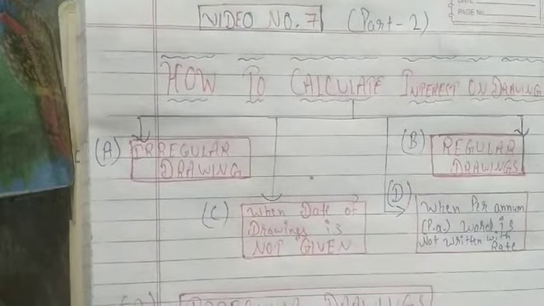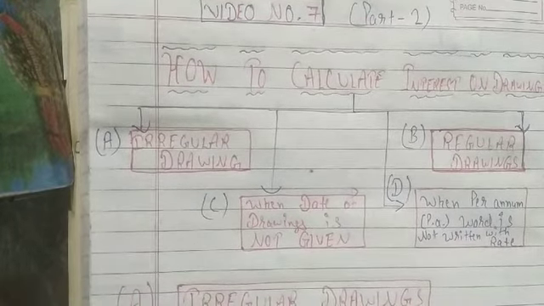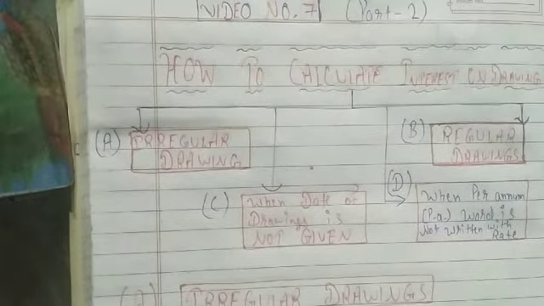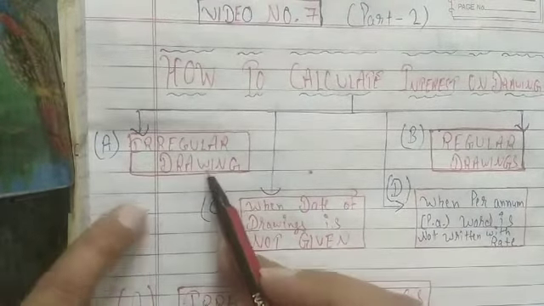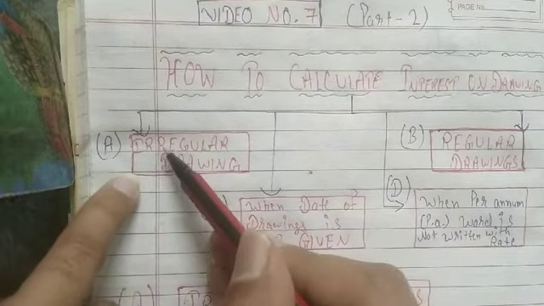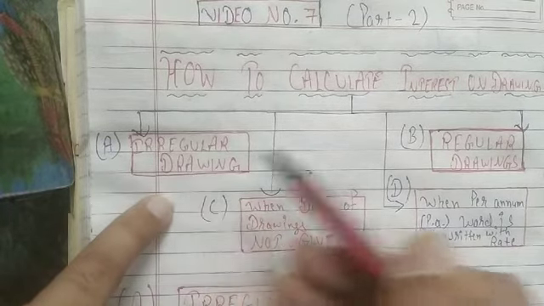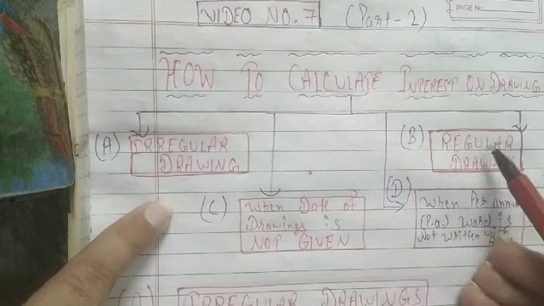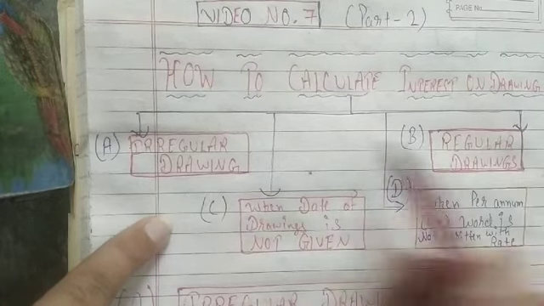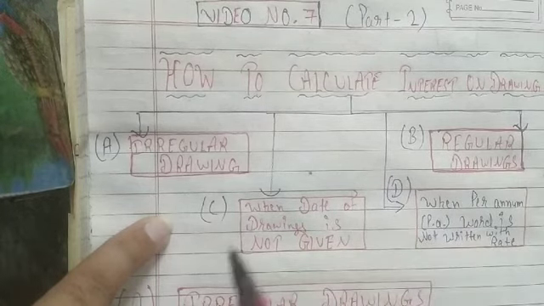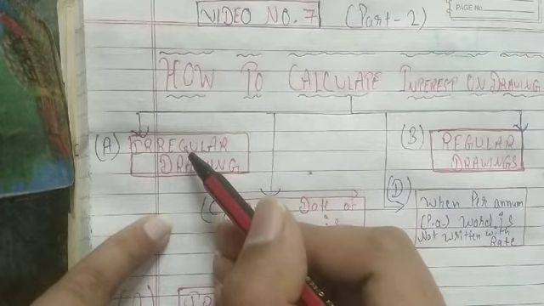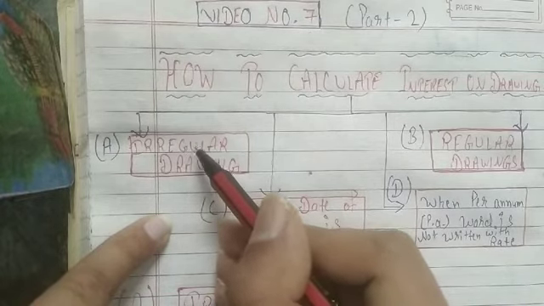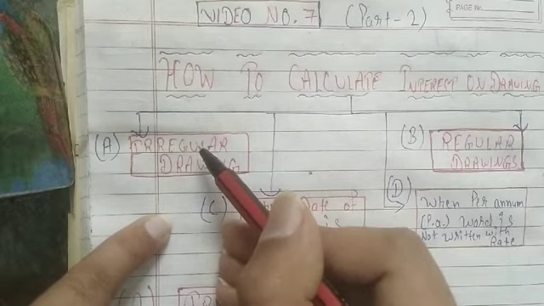So to understand how to calculate interest on drawing, we can have 4 cases. Case A, when irregular drawings are given. Case B, when regular drawings are given. See the difference between the regular and irregular. Irregular means if a partner is withdrawing different amounts on different dates, then his drawings will be called irregular.